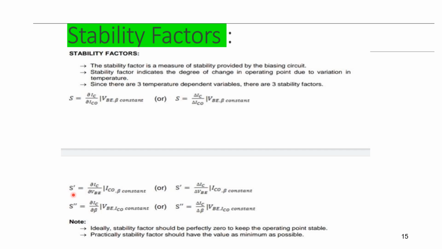The second stability factor, S dash, is the rate of change of IC with respect to the change of VBE, while the other two parameters, IC naught and beta, are kept constant. S double dash is the change of collector current with respect to the change of beta, that is, by replacing one transistor with another, while the remaining two parameters VBE and IC naught are constant.